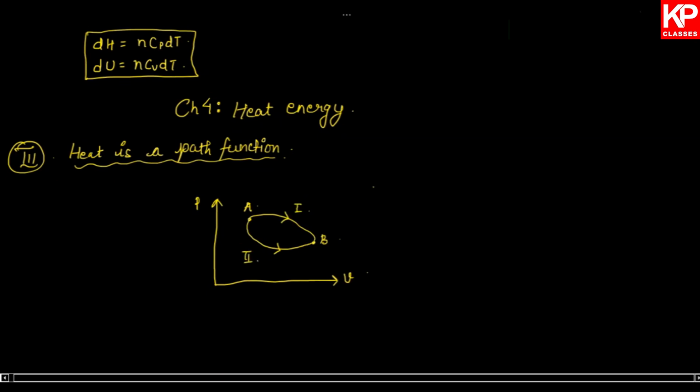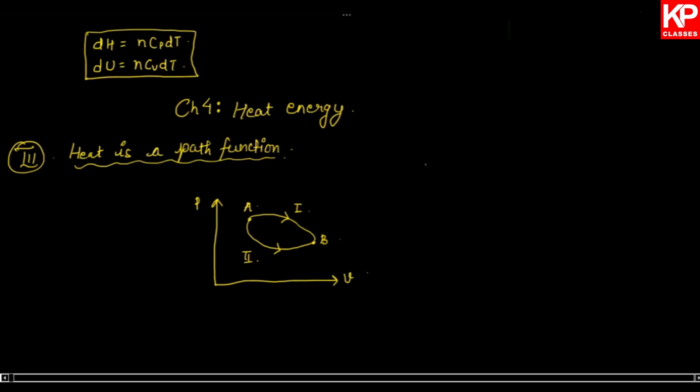If you calculate the change in internal energy based upon these particular final and initial states, you will find that the change in internal energy will be the same whether the system goes from path 1 or path 2, because internal energy is basically a state function.